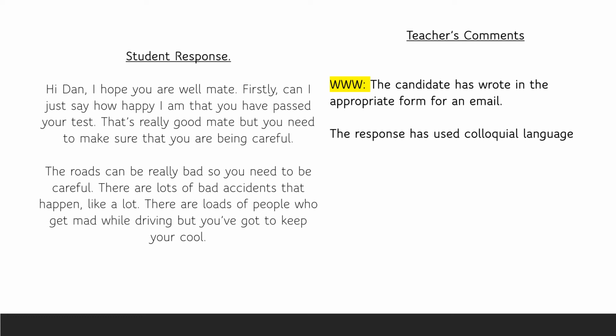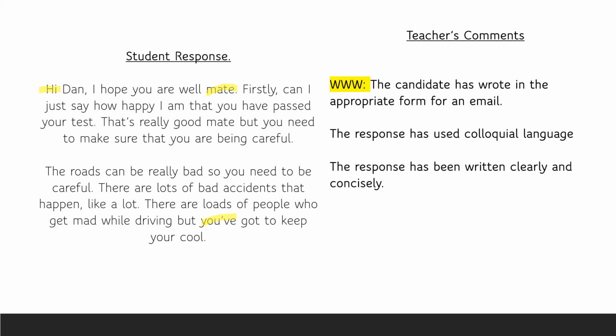So the kind of thing we'd use in informal language, and that comes when you're saying hi, because hi is actually short for hello, and that would make it colloquial or slang. And we also are using words like mate. We're also using words with an apostrophe, which a lot of the time their function is to miss out or omit a letter from the word. So you can see that at the bottom there with the word you've.